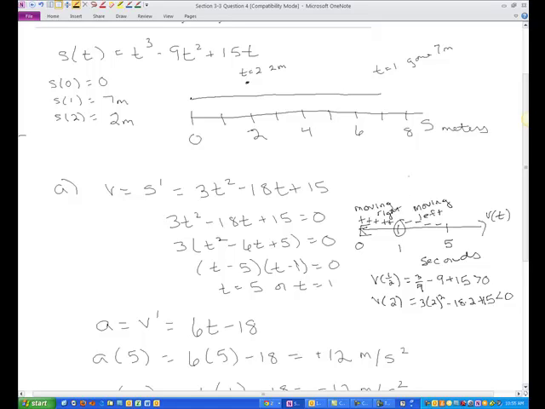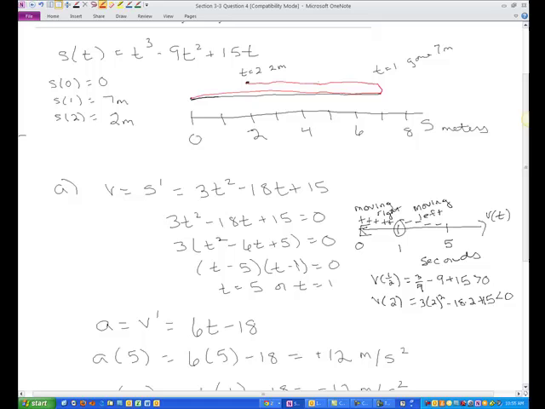So that tells us, thinking about this particle, that we traveled from 0 meters to 7 meters, and then at 1 second, we turn around and travel to the left. And we know that at t = 2, we're back at 2 meters.